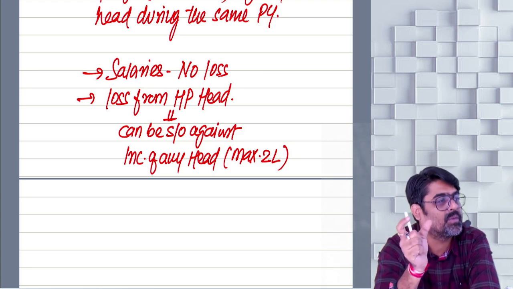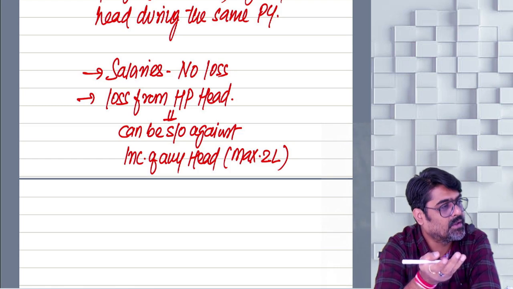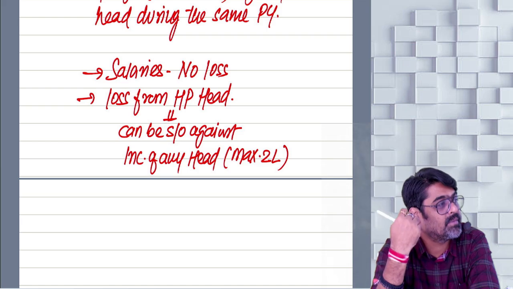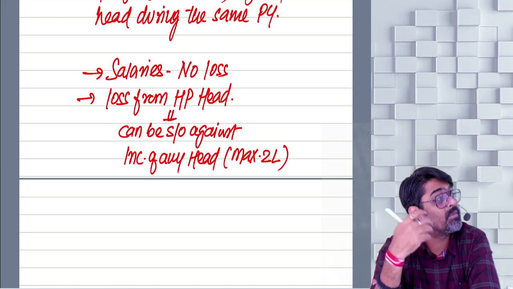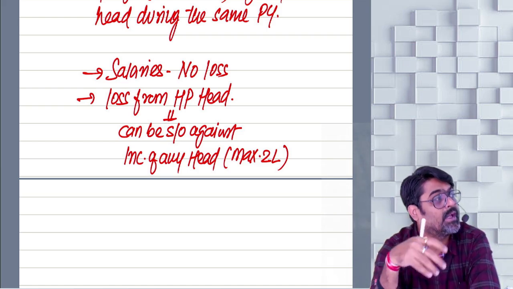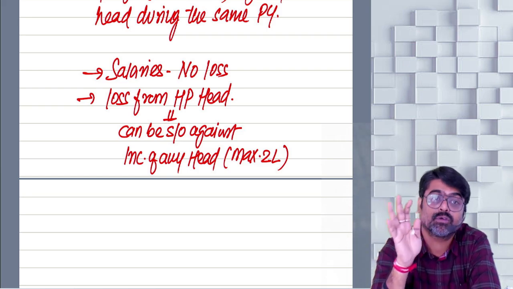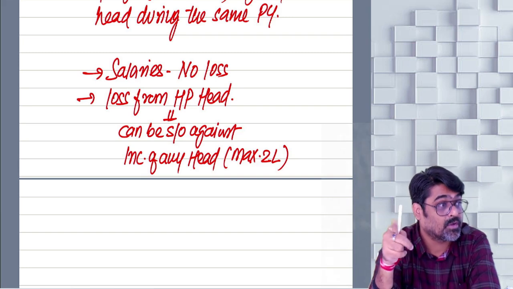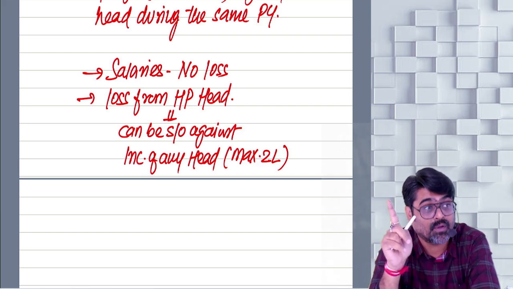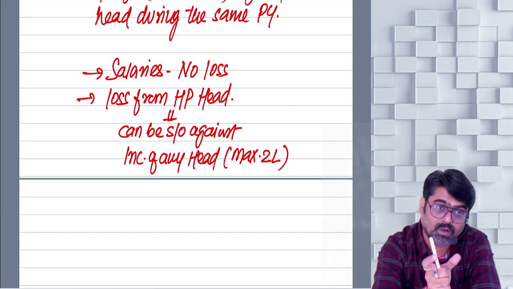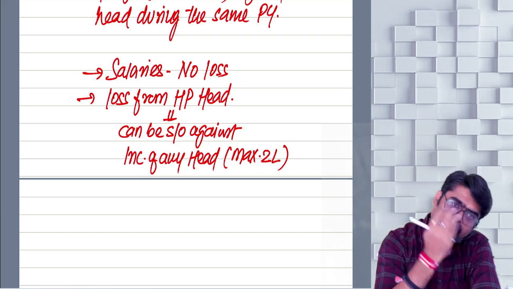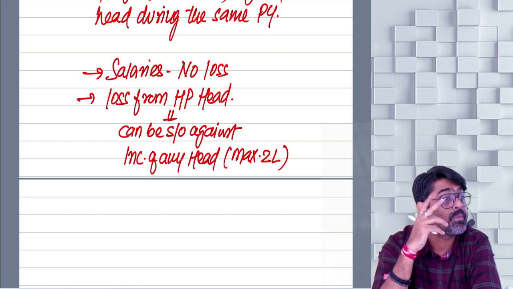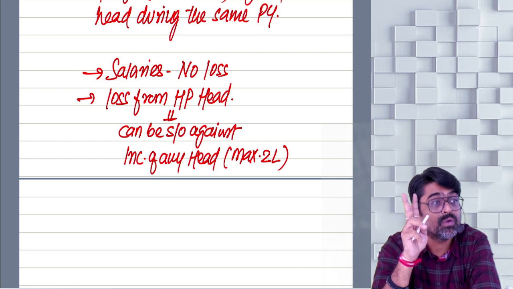The total loss is how much? 90,000, which is within 2 lakhs. So that 90,000 can be set off against any head of income. It can be set off against salary also. It can be set off against PGBP also. It can be set off against capital gains also. It can be set off against IFOS. But remember, not against winnings. Because from winnings, there is no set off of loss. Yes or no? So your house property loss was only 90,000. Entire 90,000 can be adjusted against any head, because it is up to 2 lakhs.